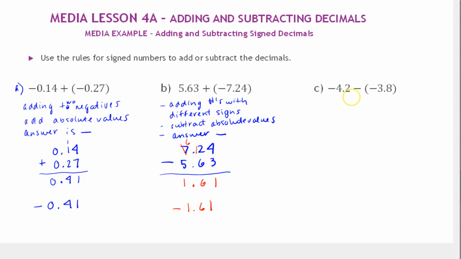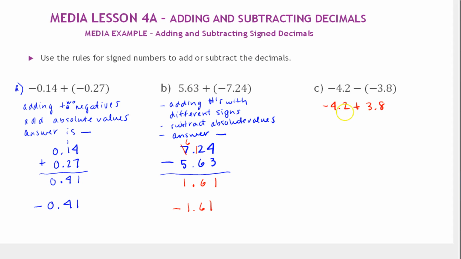One more problem. Okay, so this is a subtraction problem, and it's subtracting a negative, and I like to change these to adding a positive. So I'm going to rewrite this as negative 4.2, change the subtraction to addition, and take the opposite of this number, which is 3.8.